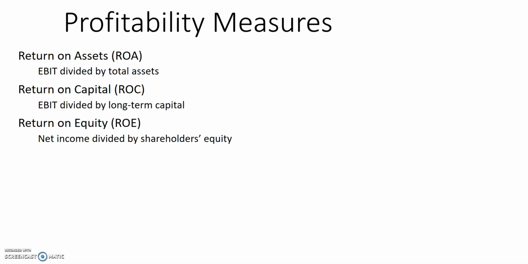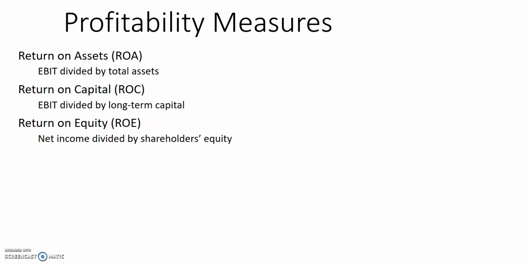One of the ways that we measure this is through various profitability ratios. Some of the more commonly used profitability ratios are return on assets, return on capital, and return on equity. Return on assets is nothing more than the earnings before interest and taxes divided by total assets.